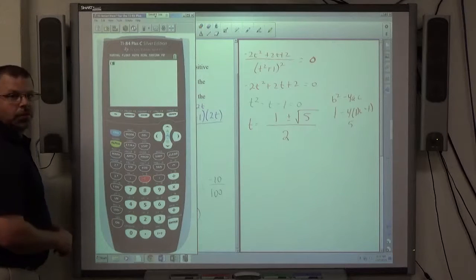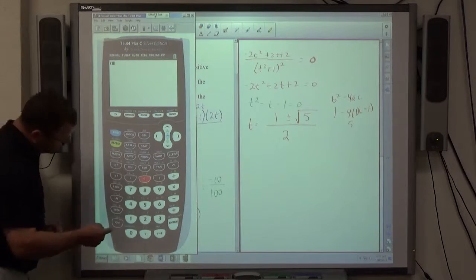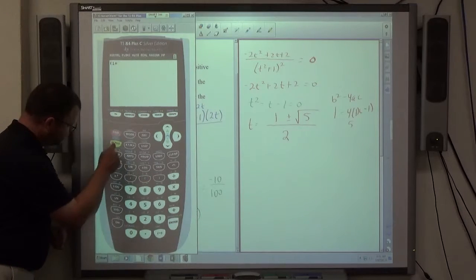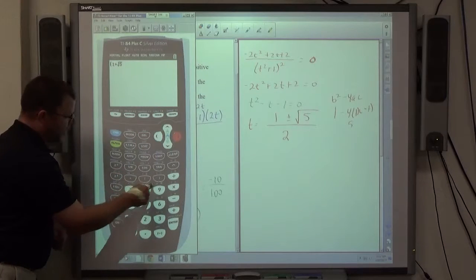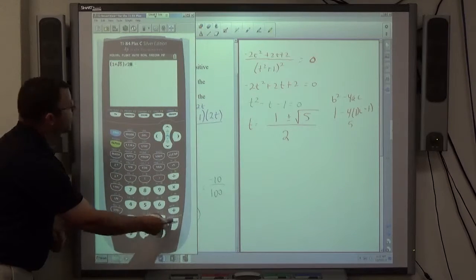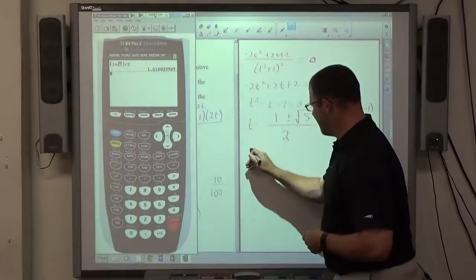Anybody know what 1 plus the square root of 5 over 2 is? 1.618. Amazing.